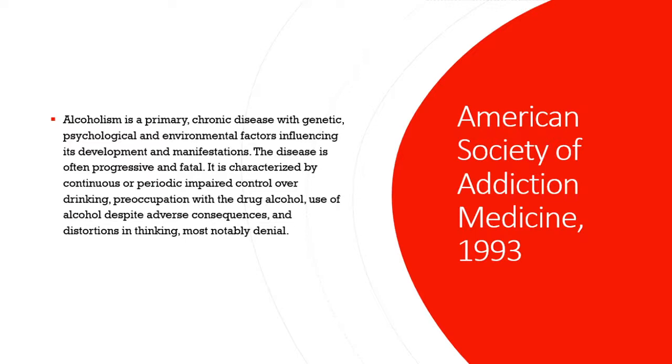It is characterized by continuous or periodic impaired control over drinking. That's loss of control, by the way. Preoccupation with the drug alcohol, and that's obsession. Use of alcohol despite adverse consequences, compulsion, and distortions in thinking, most notably denial.